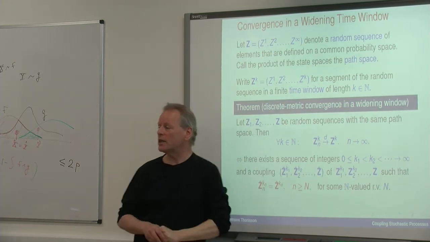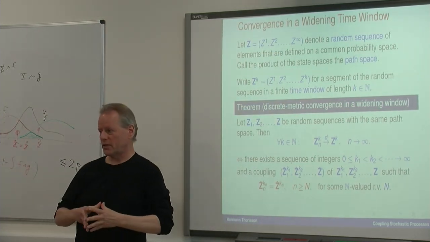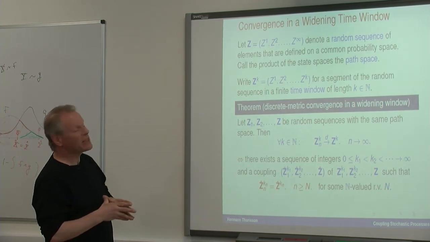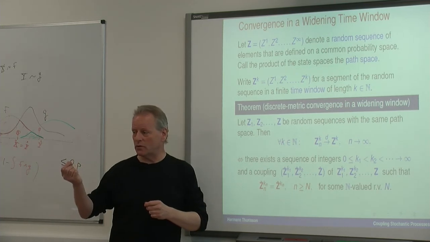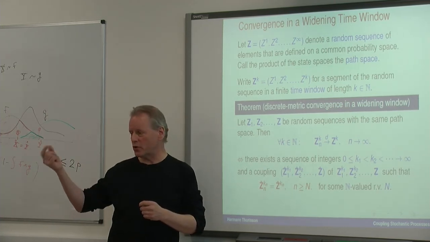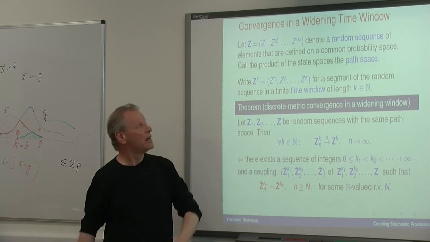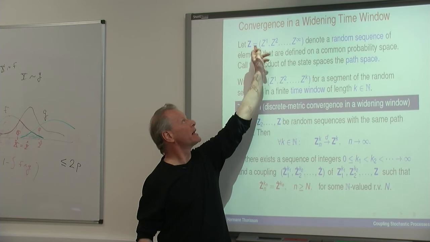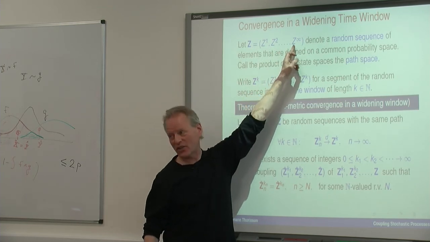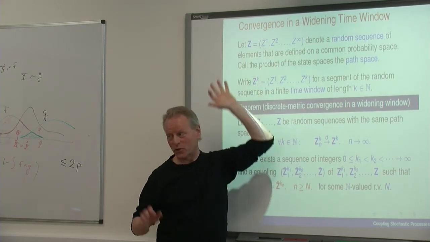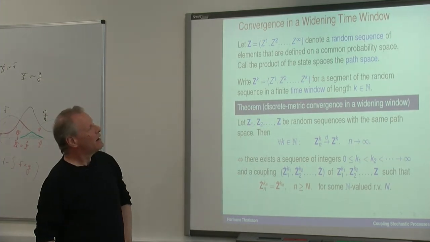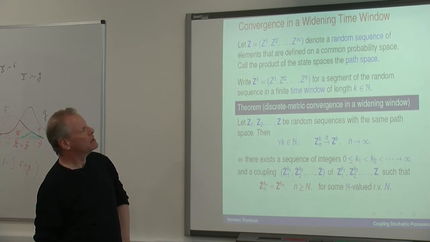So I'm including infinity as part of the time axis. Actually, in the application to the distributional convergence theorem, the separable space theorem, this is going to be the x, the limit, while the guys here are sort of leading up to x. So just so you know, I need this final element there for the application that I'm heading towards.